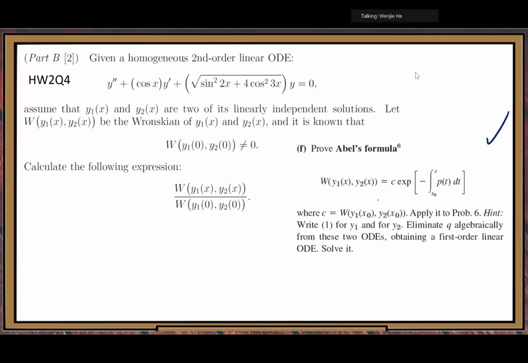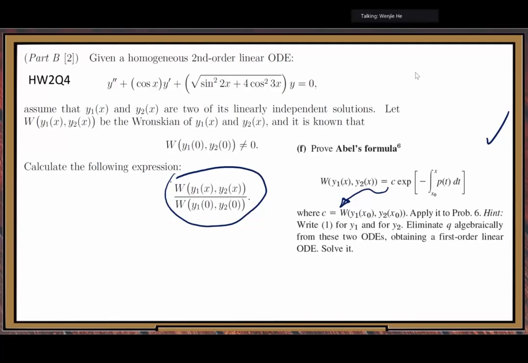Most of those students just apply this formula. C is this: the Wronskian value at the x0 point. So it is pretty much related to this expression. All right. So the question is this.